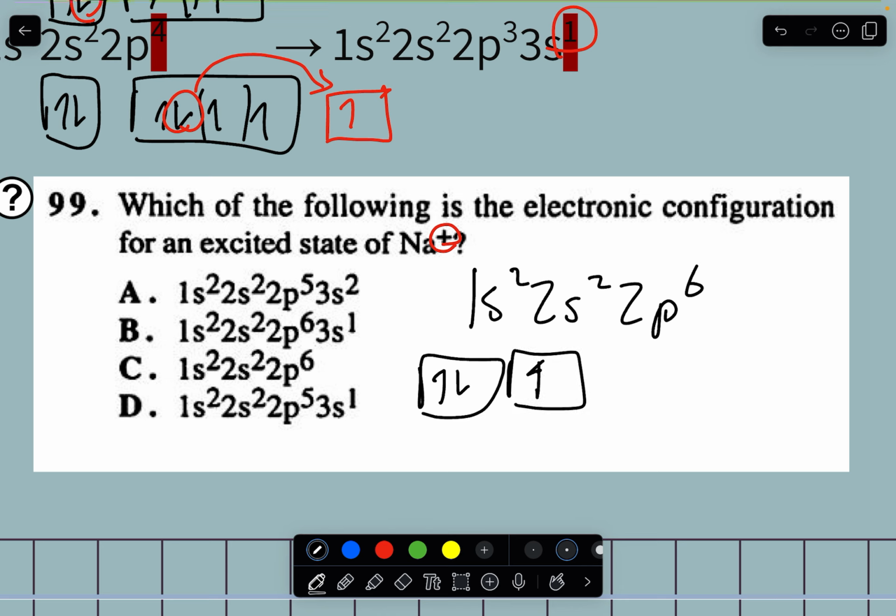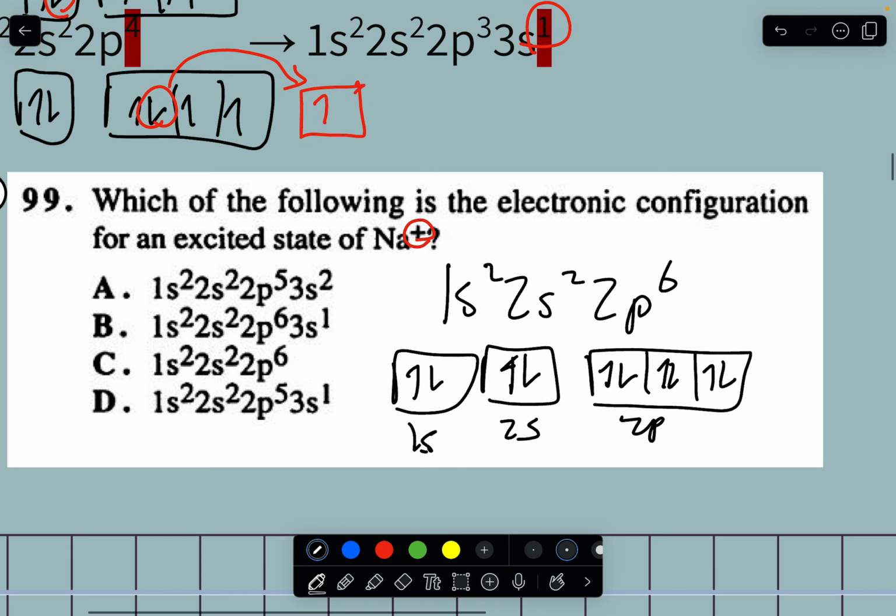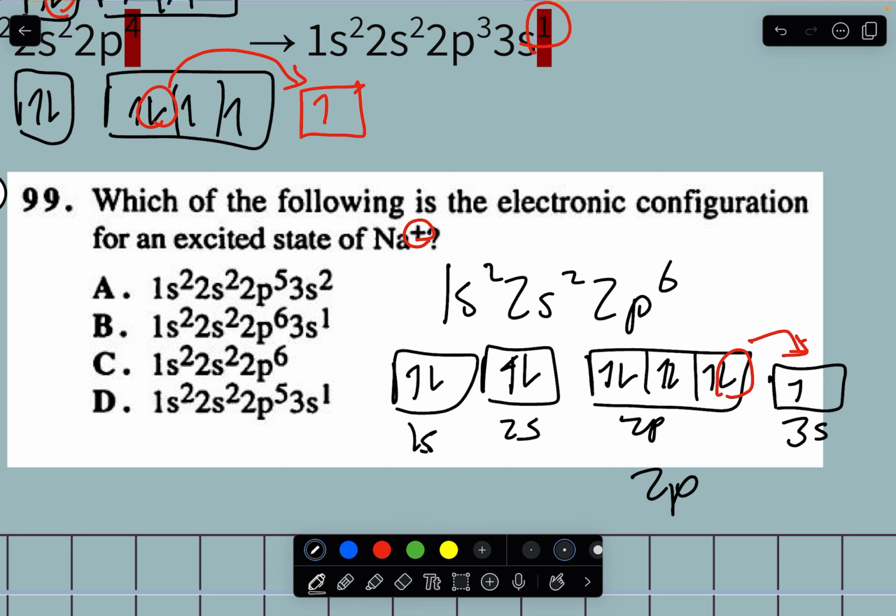We have the 1s2, the 2s2, and then the 2p, we have the 3 orbitals, the 3 boxes. 6 electrons means they're all paired together. The last paired electron, so our last 2p, is going to go into the new box. So it's going to go to our 3s.